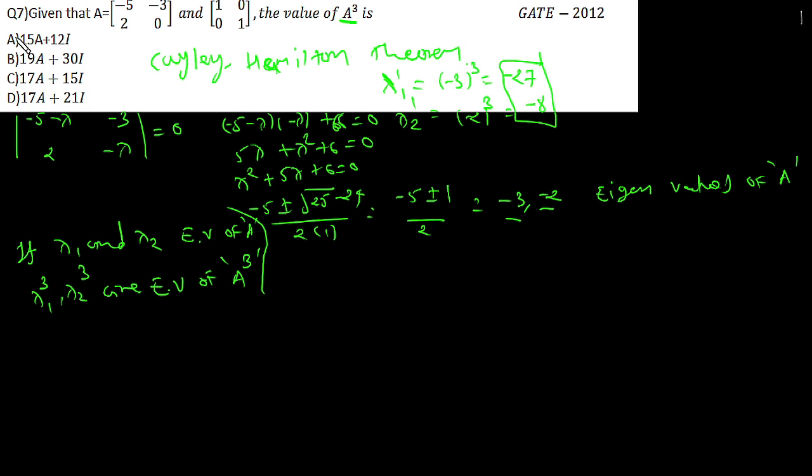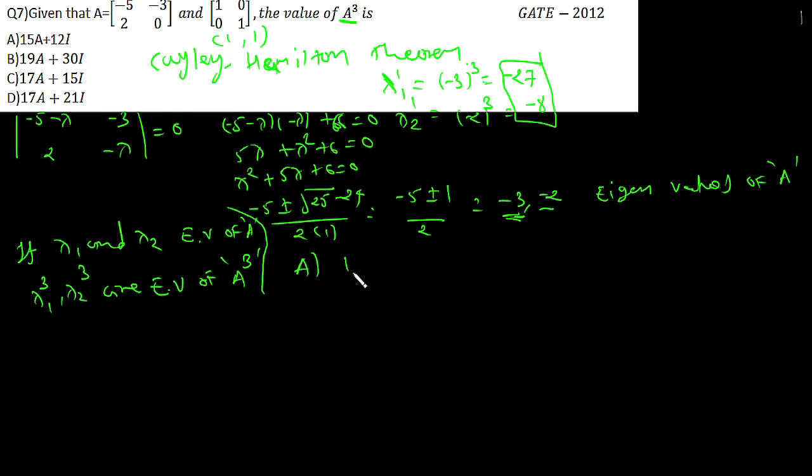Now let's check options A, B, C, D. Which option is satisfying? We know the eigenvalues of A and we also know the eigenvalues of the identity matrix, which are simply 1 and 1. So we can put in the values. Let's first select option A and take the eigenvalue minus 3.